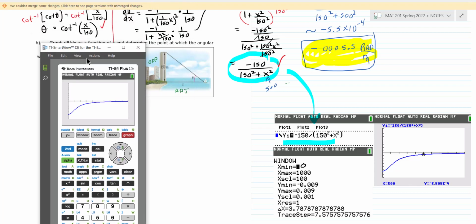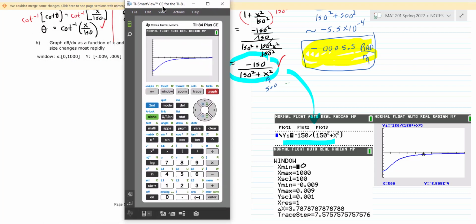A couple things I wanted you to notice: if you trace at 500, since this problem was 500 meters away, it gives that same value over here, the negative 5.5 times 10 to the negative 4. So what's happening is the rate is changing on this. This is the graph of a derivative, not the function.